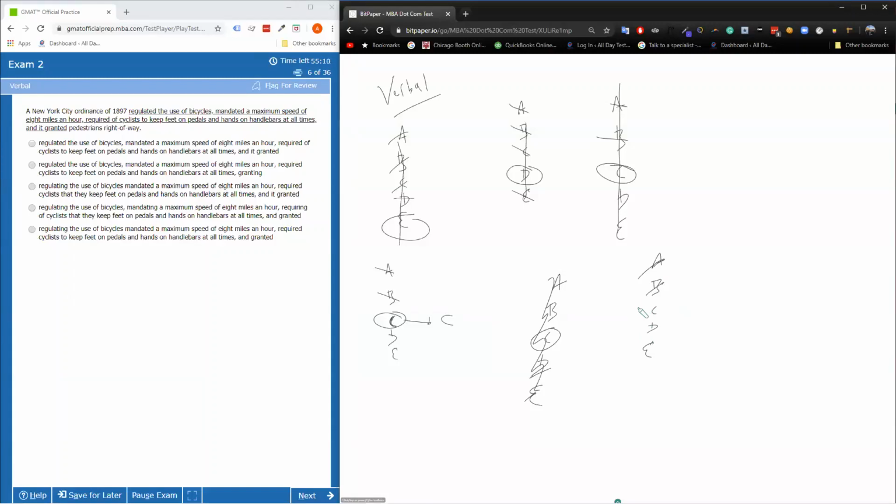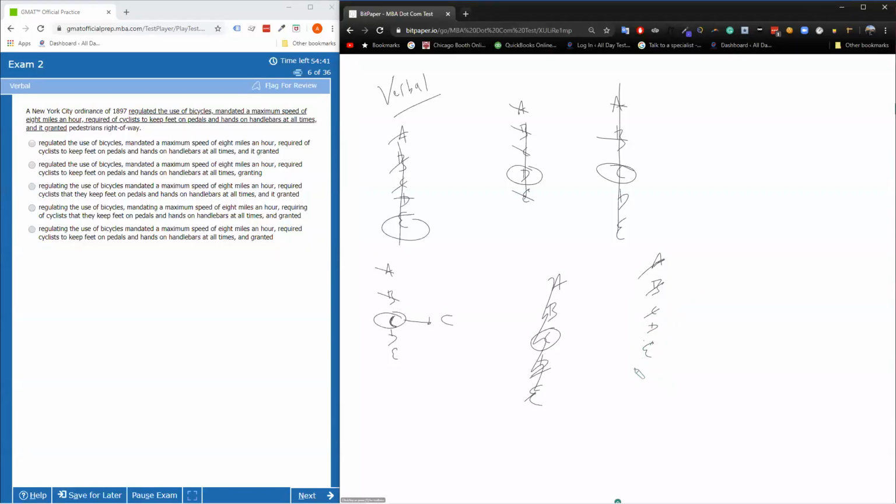A New York City ordinance of 1897 regulating the use of bicycles mandated a maximum speed of 8 miles an hour, required cyclists that they keep feet on pedals and hands on handlebars at all times, and it granted. I think again, it's not parallel.